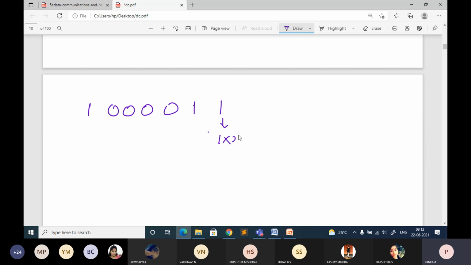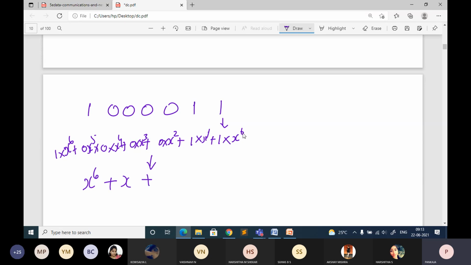So 1 into x power 0 plus 1 into x power 1 plus 0 into x power 2 plus 0 into x power 3 plus 0 into x power 4 plus 0 into x power 5 plus 1 into x power 6. Now simplify this. You will get x power 6 plus x power 1, plus this is 0.